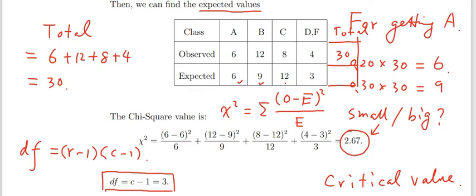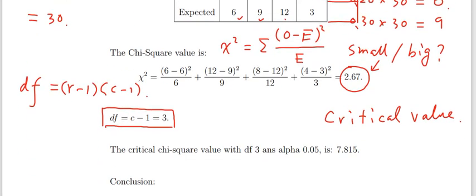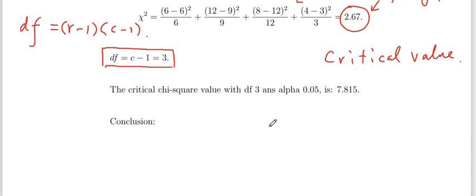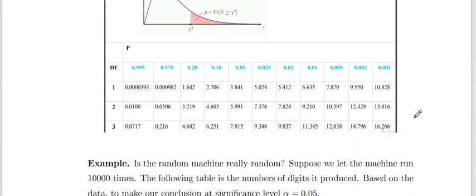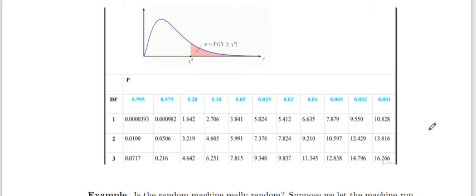So the degree of freedom formula is simple, right? We use this formula, then check the table. Let's check the chi-square table.